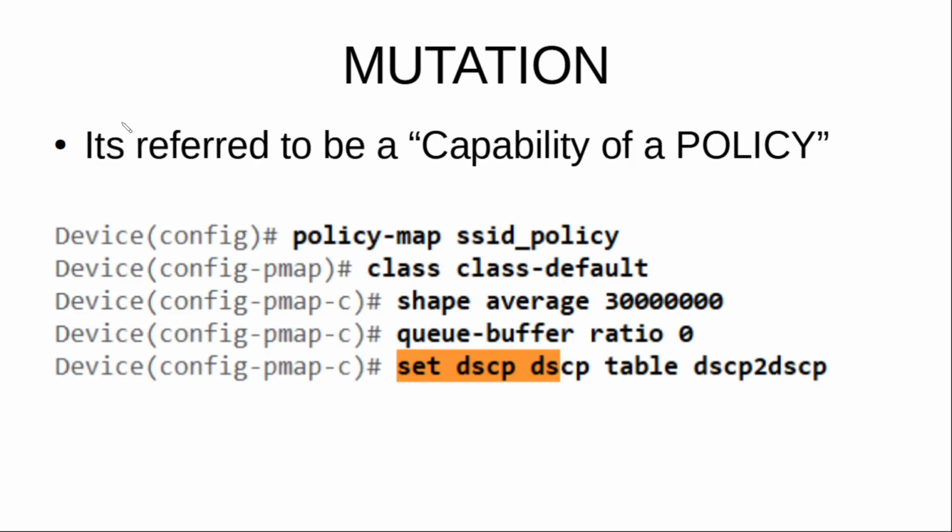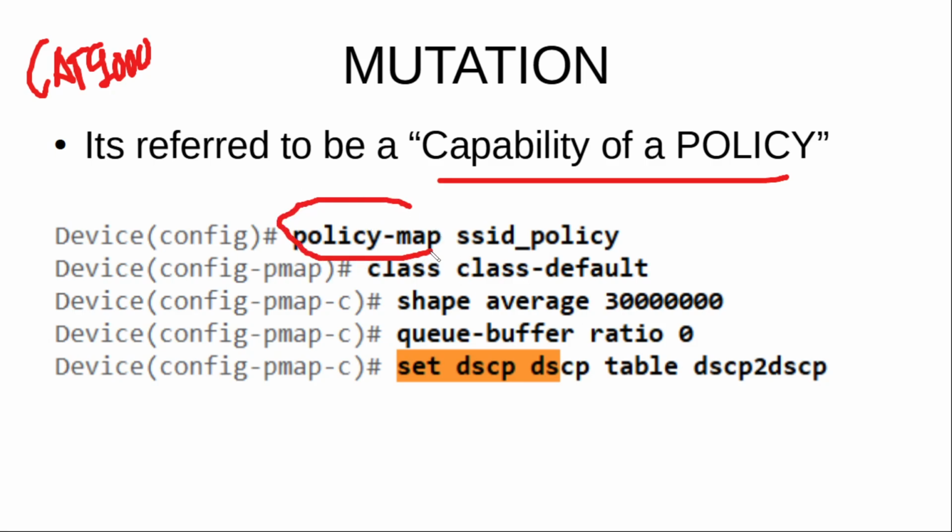Continuing with the Catalyst 9000 definition, mutation is a capability of a policy. This feature can only be used inside a policy map, and more specifically inside a class default class map. We cannot use this set command outside a policy map.